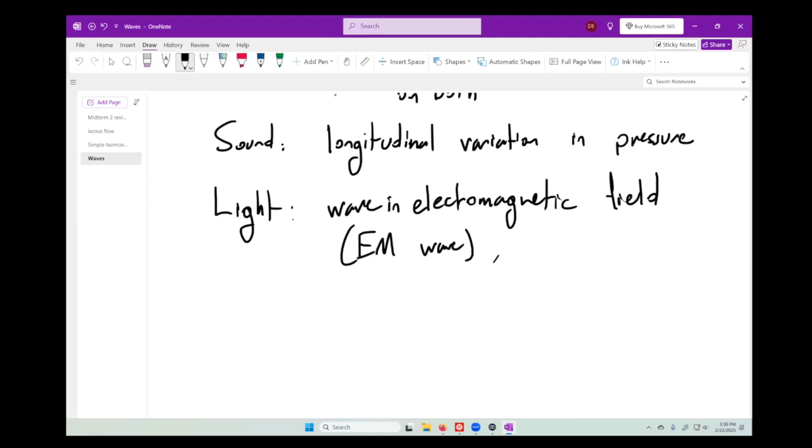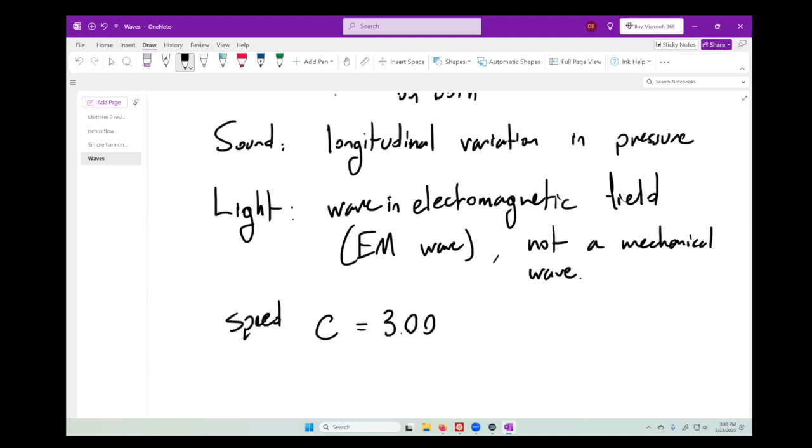So it's not a mechanical wave. All it requires is electric and magnetic fields, which exist everywhere throughout space. And a light wave, at least in vacuum, travels at the speed of light, which is about 3 times 10 to the 8 meters per second.